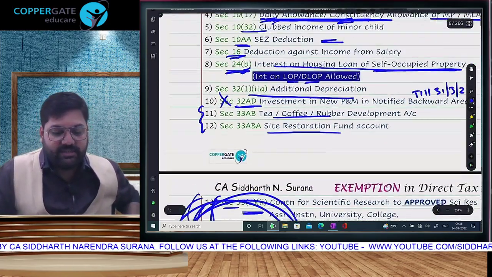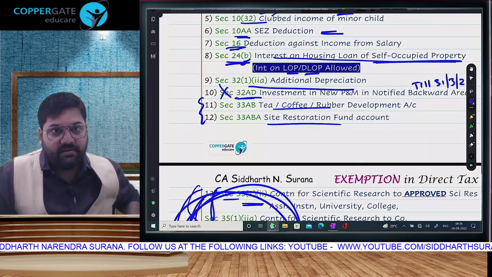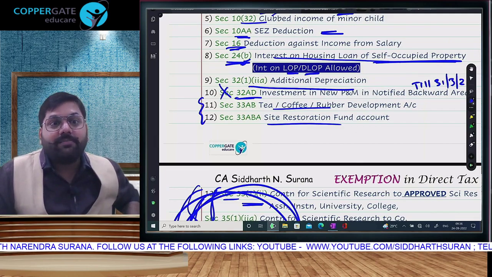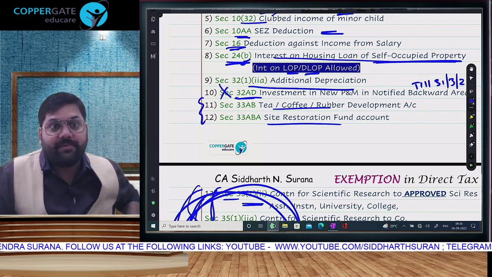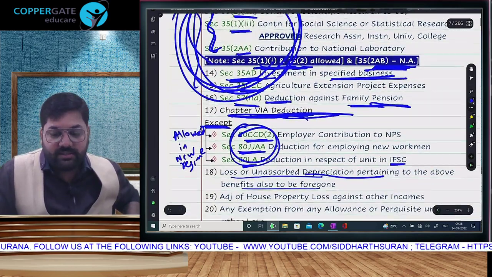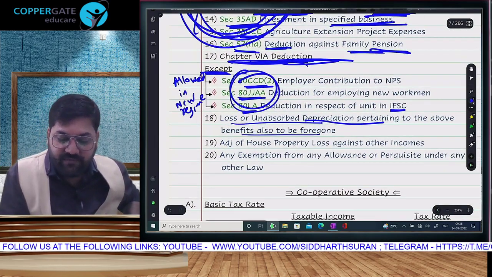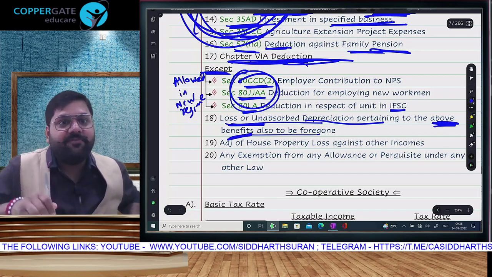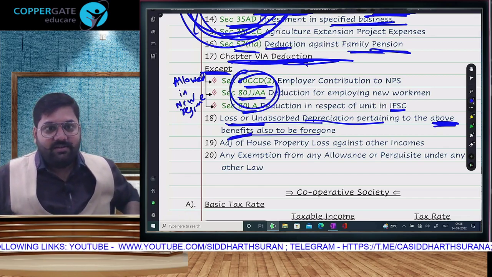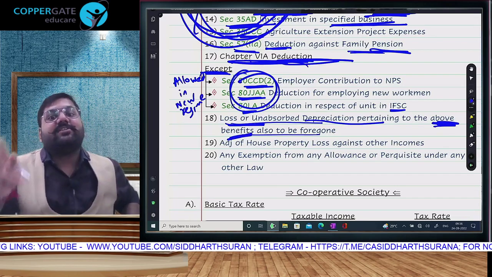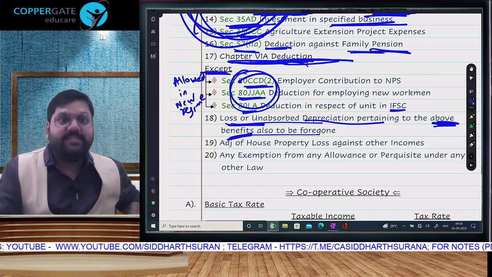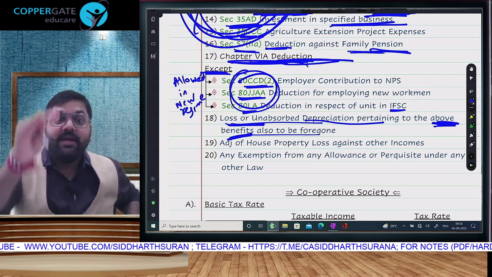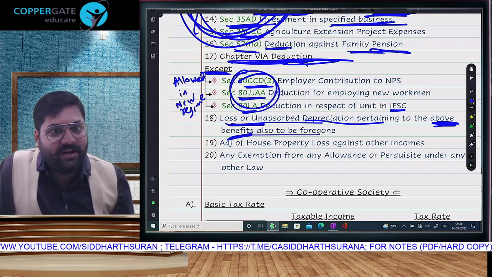In the above deductions, have we anywhere written that long-term capital loss will not be allowed or short-term capital loss will not be allowed? Nahi. Harshit, you have not understood the point that we are talking about loss or UAD of the above benefits. Means scientific research, additional depreciation, SEZ का deduction, 35 AD, इनसे related brought forward will lapse.